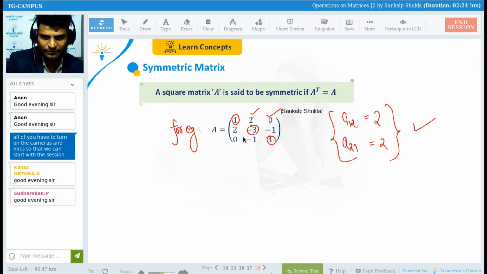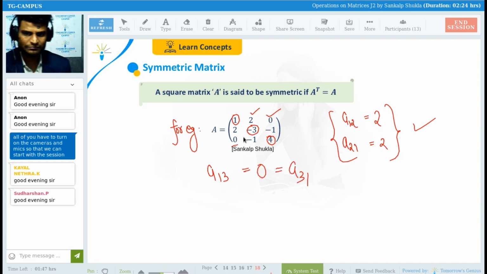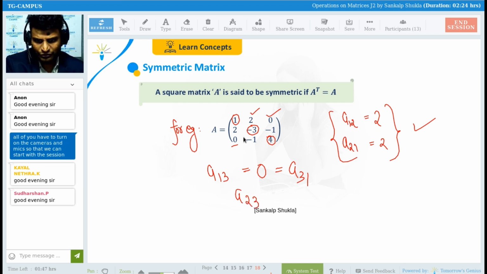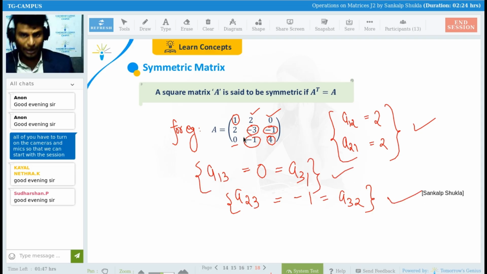Now I'll check A13. A13 is 0 and A31 is also 0. Now I'll check A23. A23, second row and third column, is -1. A32 is also -1. We have each and every pair equal, so now I can say that yes, this matrix is a symmetric matrix.